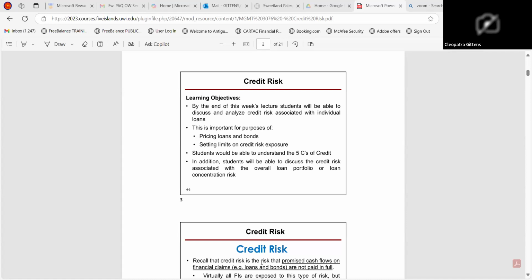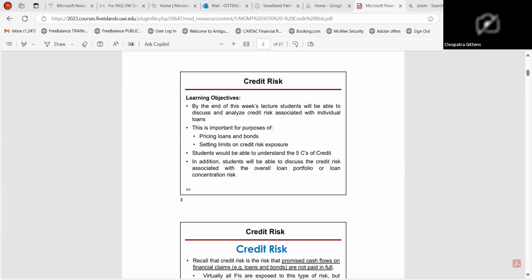You're going to be able to understand the 5 C's of credit, identify them, and explain them by the time we are finished with this. In addition to those broad objectives, you'll learn how to calculate the return on a loan. You're going to learn different types of models that are used to determine the level of credit risk that a financial institution is exposed to, right?